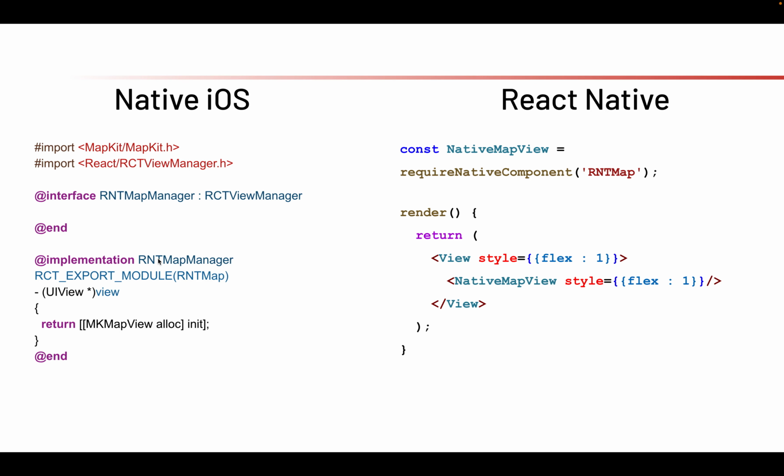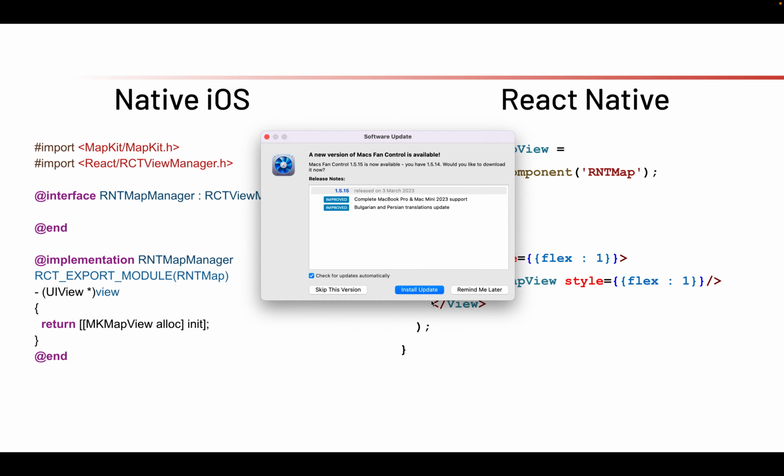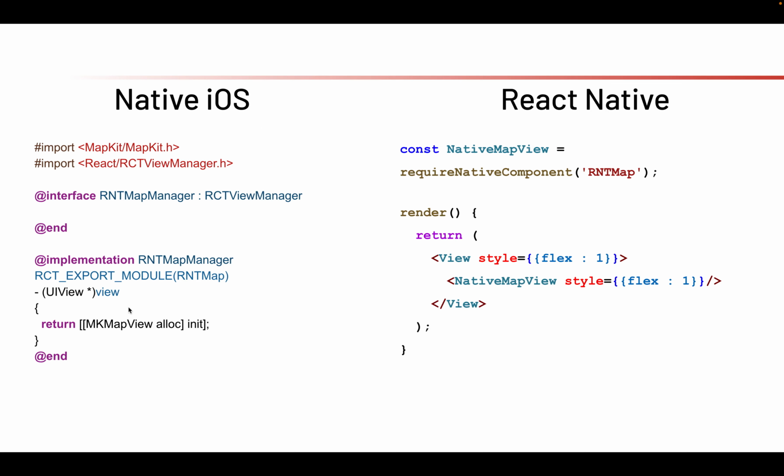After that, in the implementation part, I'm exporting this particular module as RNTMap, the native component. I created one method here which returns the UIView component. I'm allocating the memory for the MKMapView and doing the initialization by using the init method, so it will return the MKMapView component.